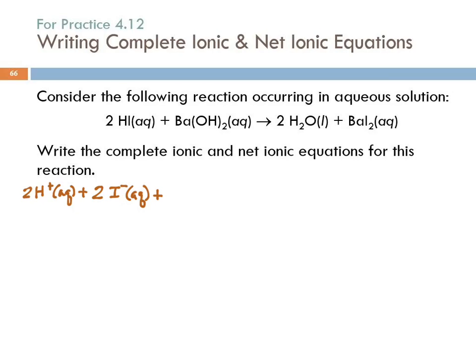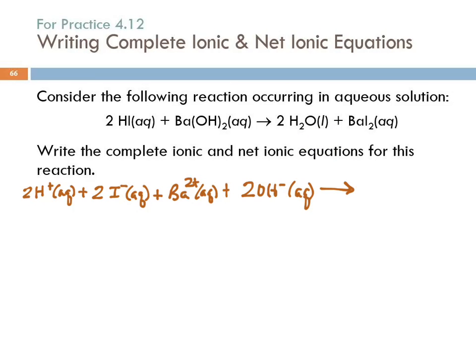And then barium hydroxide, that's an ionic compound, is aqueous. So we'll separate that into ions as well. So barium Ba2+ and 2 hydroxide ions. And then in the products, we've got H2O is a liquid.